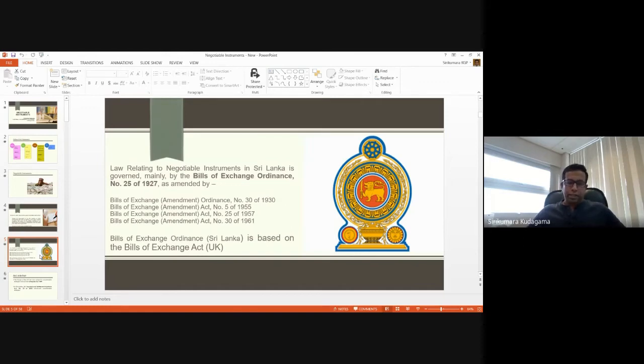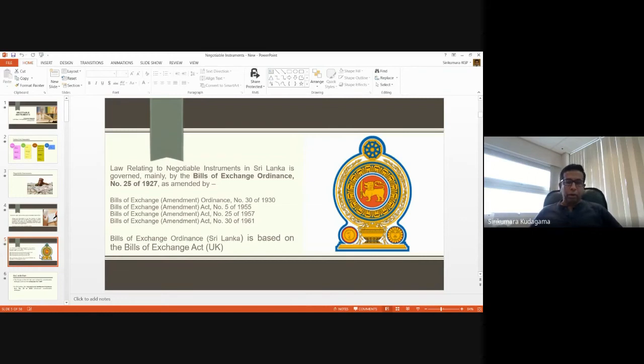Sri Lanka's statute governing bills of exchange is the Bills of Exchange Ordinance number 25 of 1927, and it has been amended on four occasions: in 1930, 1955, 1957, and 1961. You see that the latest amendment to the Bills of Exchange Ordinance in Sri Lanka is 60 years old. It was done in 1961.